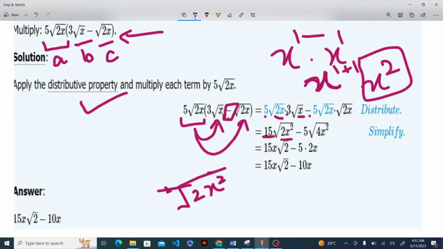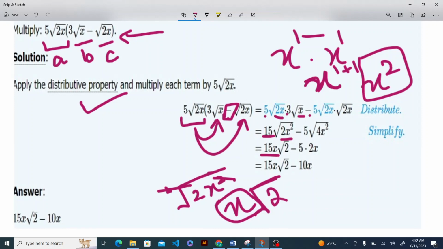So this square root will be cancelled out with this square of x, and here x will come out of the radical and 2 will remain inside. Okay, so here there was 15 already present outside, and x has come out because of cancelling out the effect of x square with the square root. So 15x, and the inside value remains square root 2.